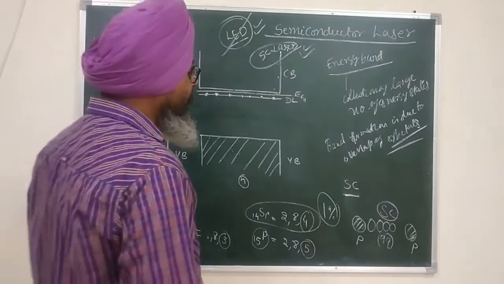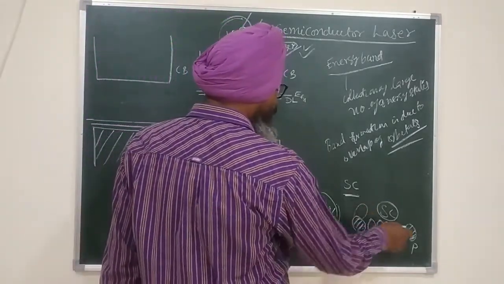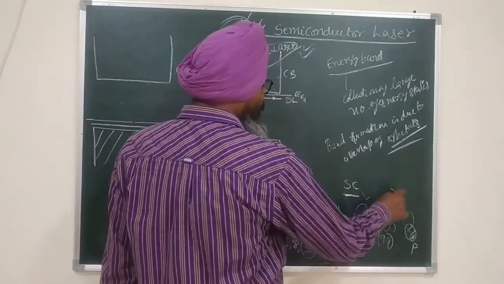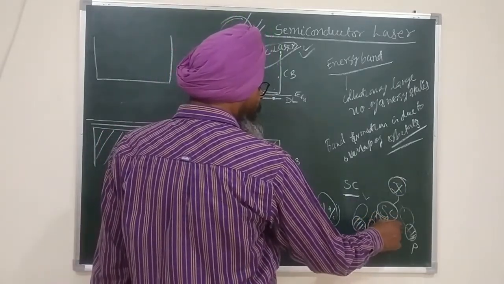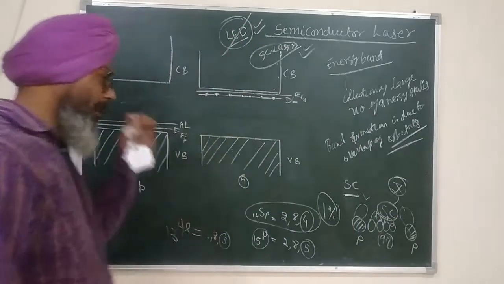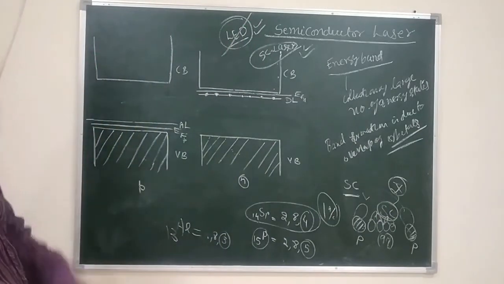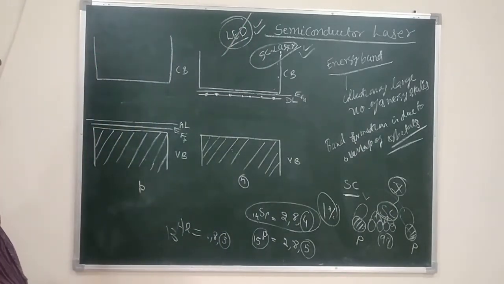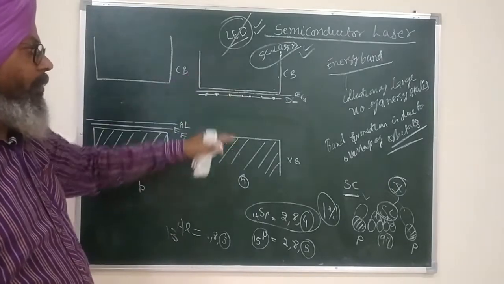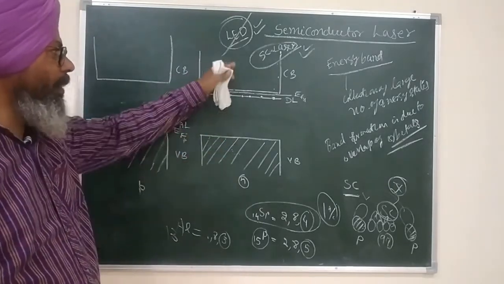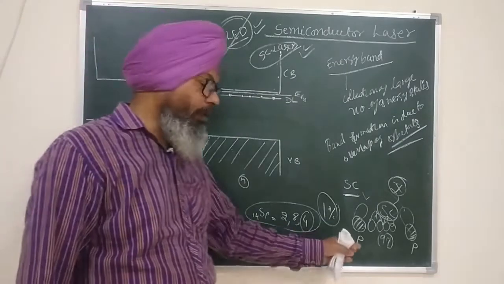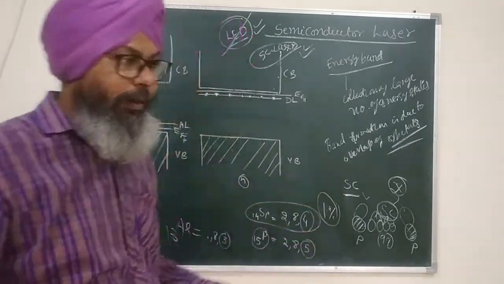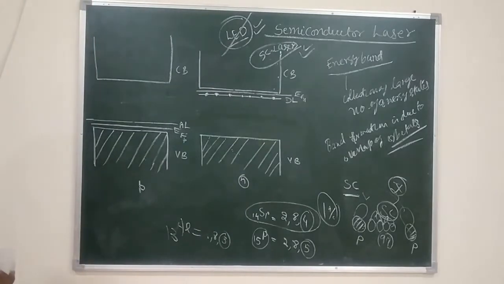So the overlapping of the orbitals of phosphorus is not possible, while the overlapping of the orbitals of semiconductor atoms is possible, because their concentration is very large. As a result, band formation is observed at the conduction band and valence band. However, the donor level, which is created by the impurity atoms, will not be a band.